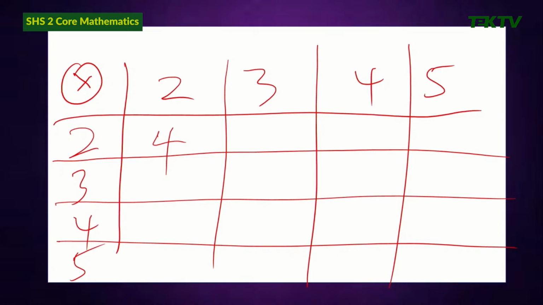In mod 7, still 6, because 6 is less than the mod. 2 times 4, 8. In mod 7, 1. 2 times 5, 10. In mod 7, 3.